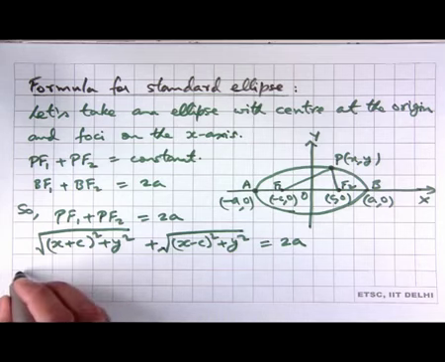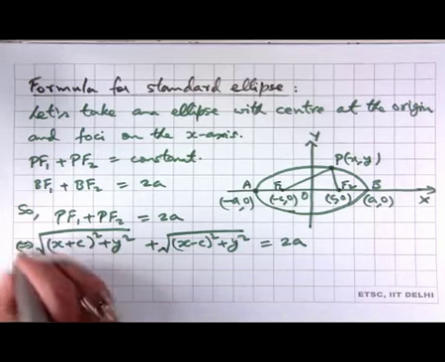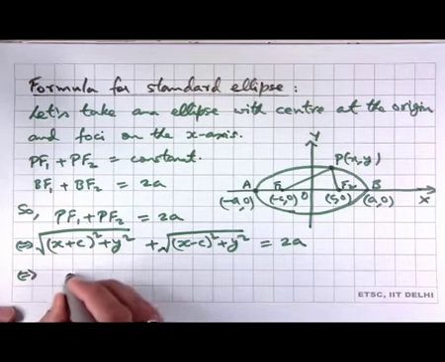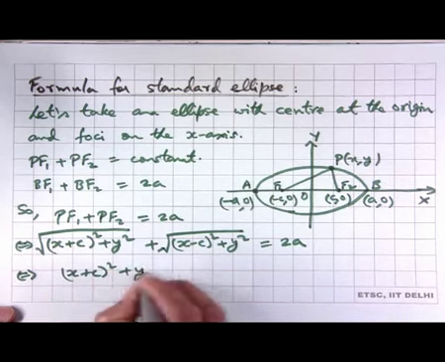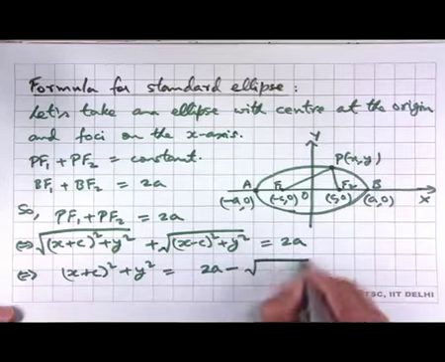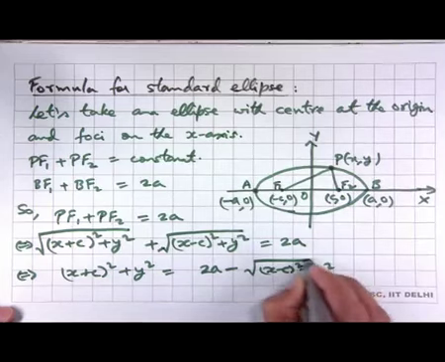So, this is the same thing as (x plus c) square plus y square equal to 2a minus the square root of (x minus c) square plus y square, all squared.